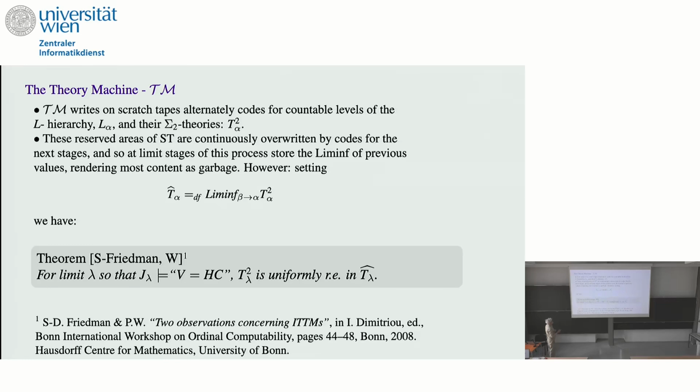Well, this program, the theory machine, produces levels of the L_α hierarchy. And again, a central feature of this is that when you're writing the Σ2 theory out, it's not the Σ1 theory. It's not that if a sentence becomes true in the L hierarchy, it stays true. It's Σ2, so it can go backwards and forwards.